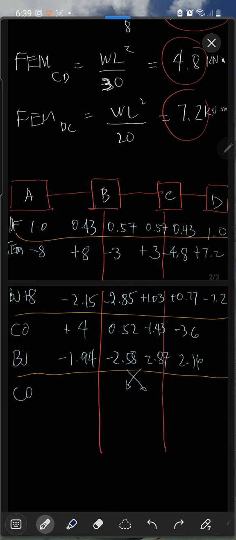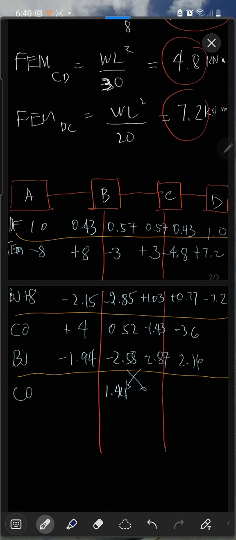Basta kuan sa ends. So pila ni? Half of your 2.87, 1.44. Basta carry over, do not change the sign. May change lang ka og sign pag balancing the joint.